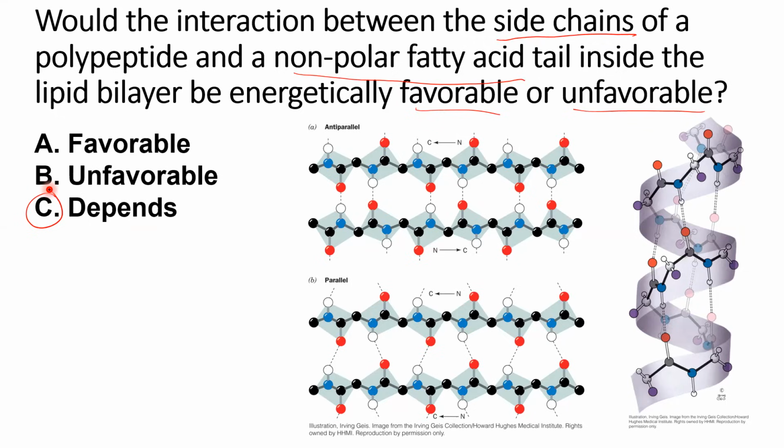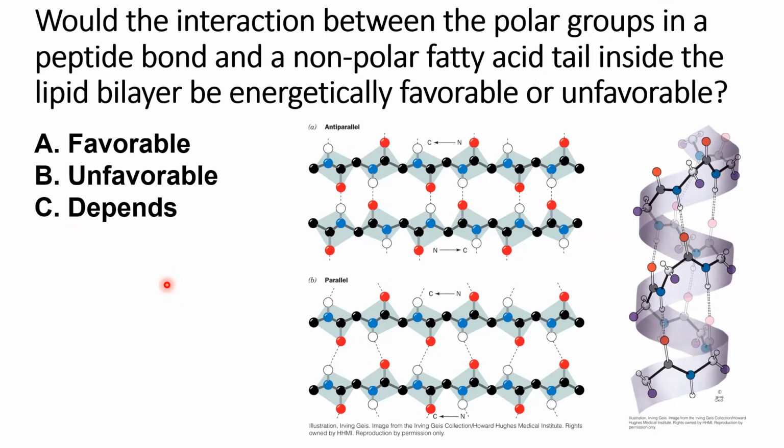However, isoleucine might be right at home inside the lipid bilayer because it is also a non-polar side chain. And so the side chains could provide some context into what amino acids are in the transmembrane domain.